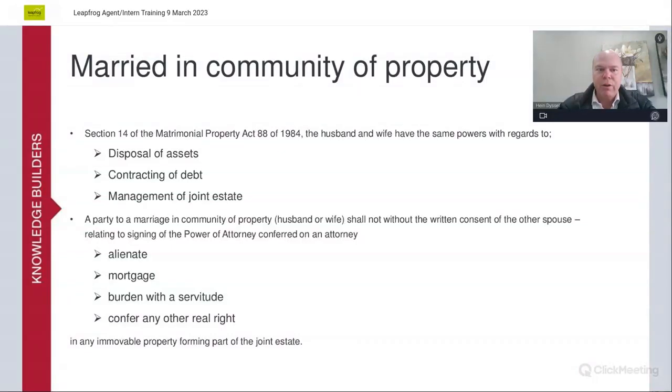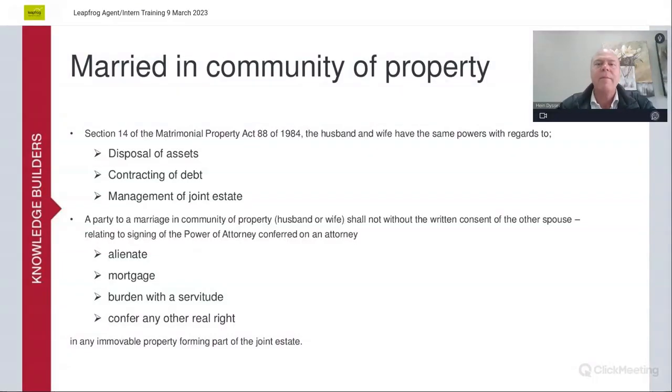So the Matrimonial Property Act says that if you are married in community of property, and if you dispose of immovable property, a house or a flat or land or a farm, whatever immovable property, if you sell that, then you cannot do that without the consent of your spouse.